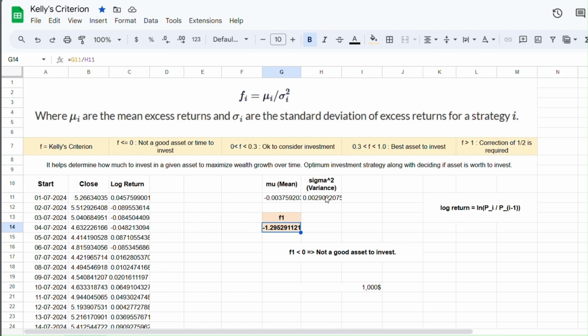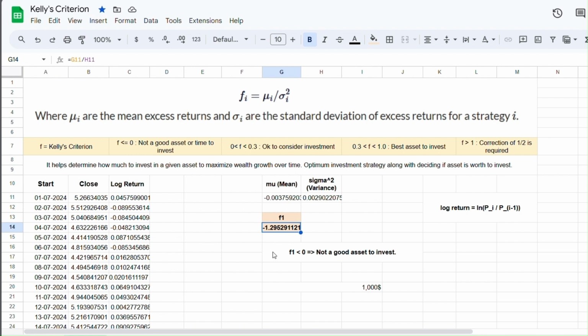If the Kelly criterion comes out to be 0.5, that means you can invest 50% of your amount in a given asset to get optimum return. But if it is negative, that means the asset is not good to invest in, because it suggests negative investment, and negative investment means zero investment. Do not invest in this cryptocurrency. Definitely not in favor of Near Protocol cryptocurrency.